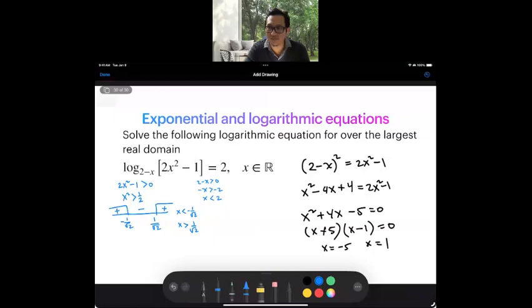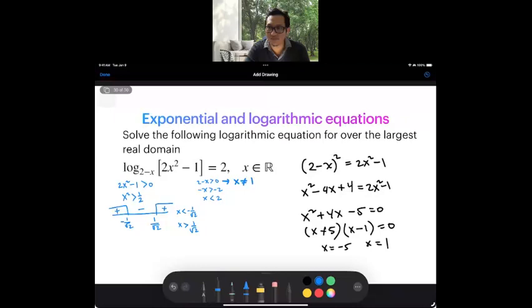And oh, I forgot. Can x be equal to 1? I don't think x can be 1 here. So based on this one, x cannot be 1 also. Because when x equals 1, it will be log base of 1. Base of 1 is not defined in log, right?